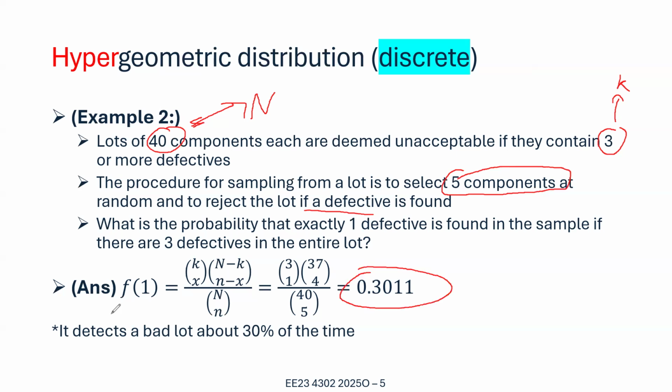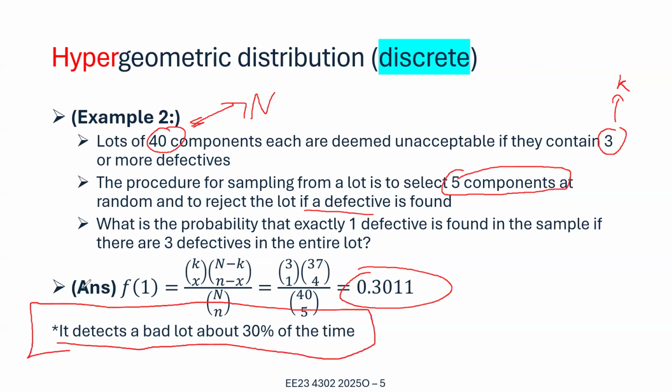So this is 0.3011, or it detects a bad lot about 30% of the time. So there is a 30% chance that we detect a defective if we take 5 components.